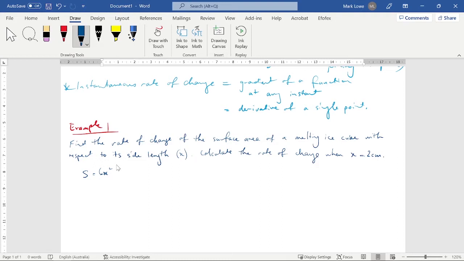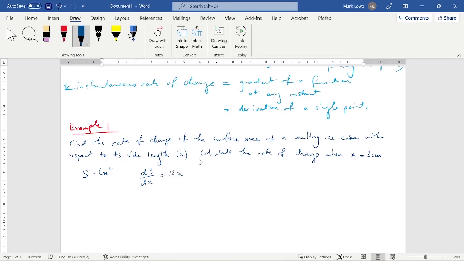That d comes from the Greek letter delta, which is used for change in. So it's change in y over change in x. In this case, the rate of change of surface area, ds with respect to x, its side length, ds dx is going to be 12x.